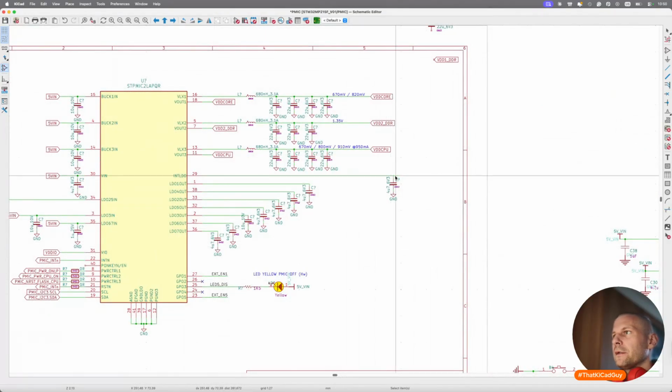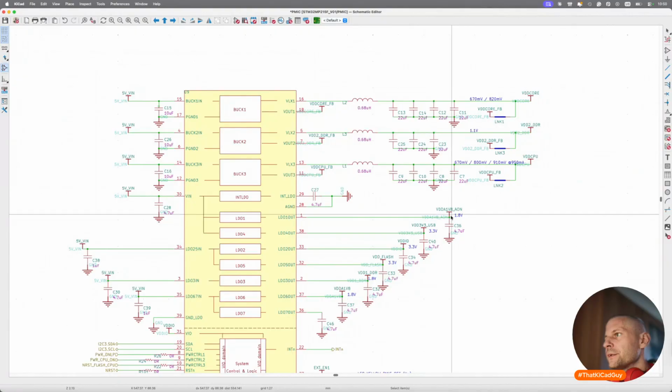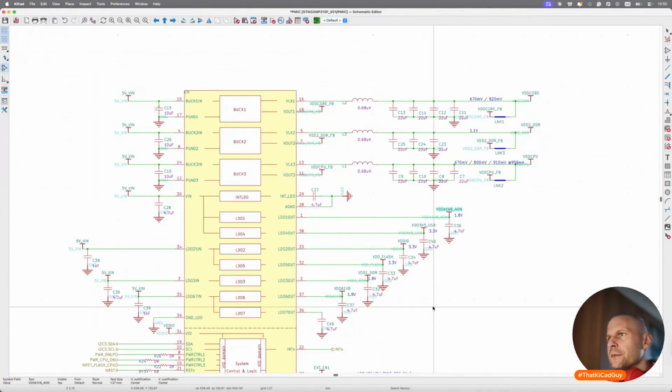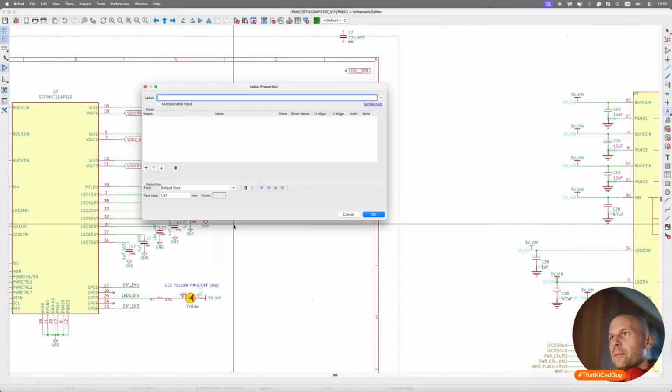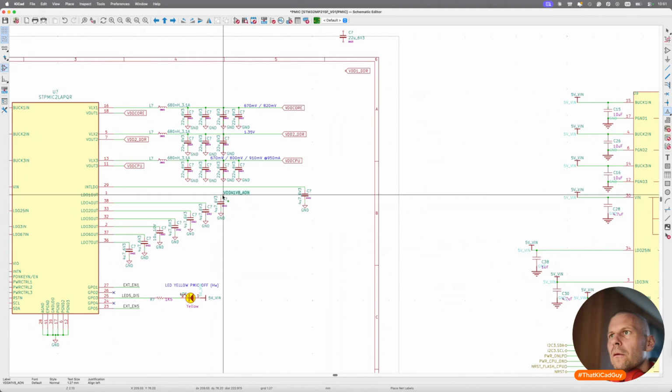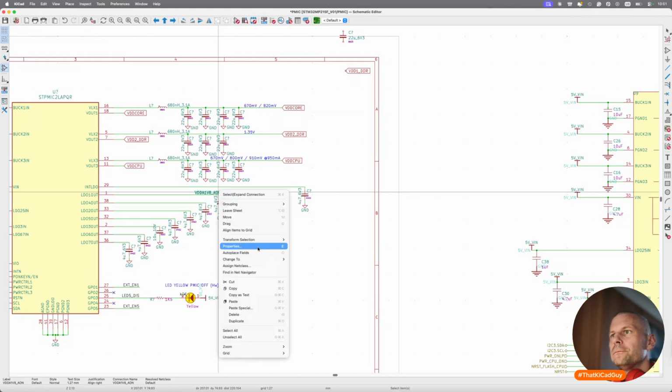Okay, internal LDO, not internal. Yes, internal has no output. This is the LDO1 label. Change to global.